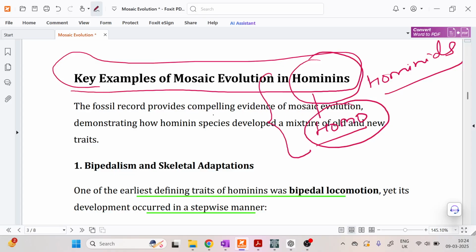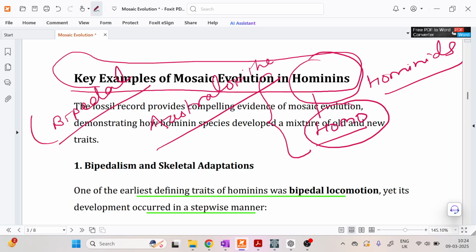So this stock includes Australopithecus, because right now Homo sapiens can walk on two legs. We are bipedal. So all those species that developed bipedalism are included in the hominin stock. Those are Australopithecus, Homo habilis, Homo erectus, and then all the Homo sapiens that came after.